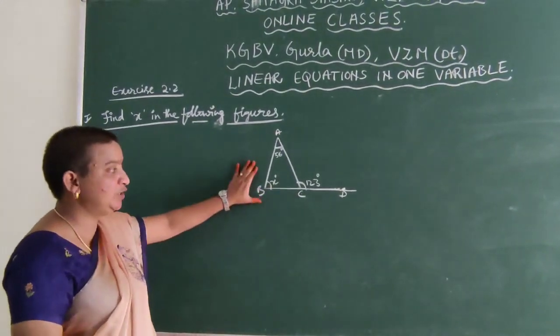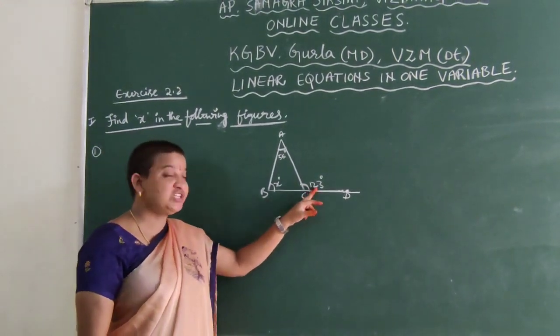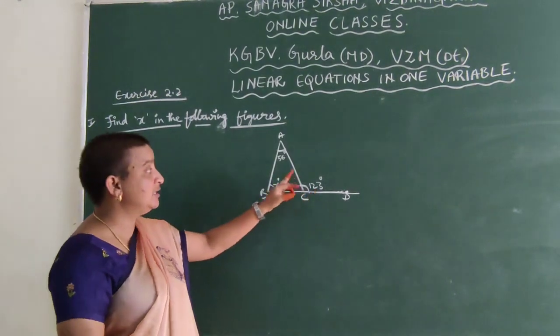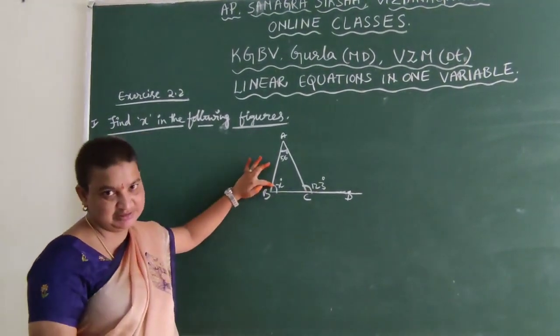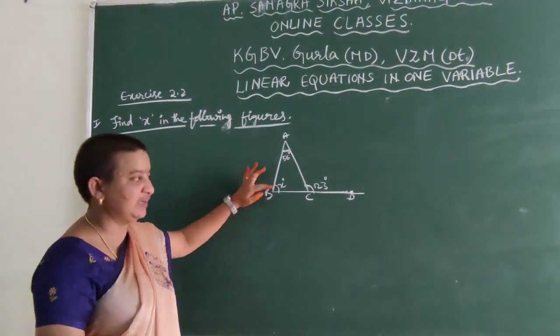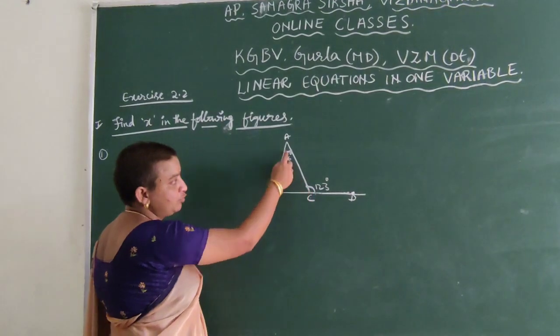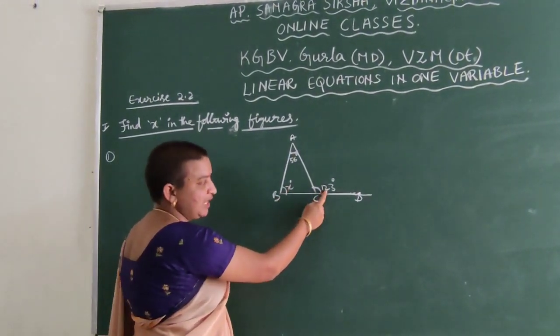Okay, we already know that in a triangle the exterior angle is equal to the sum of the two opposite interior angles. This one is the exterior angle.